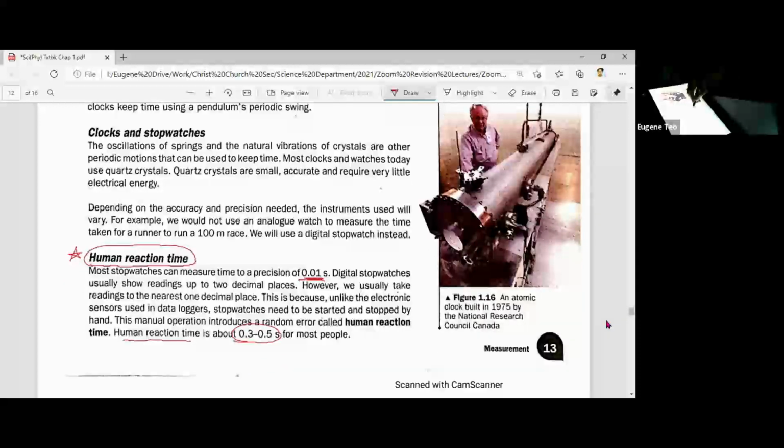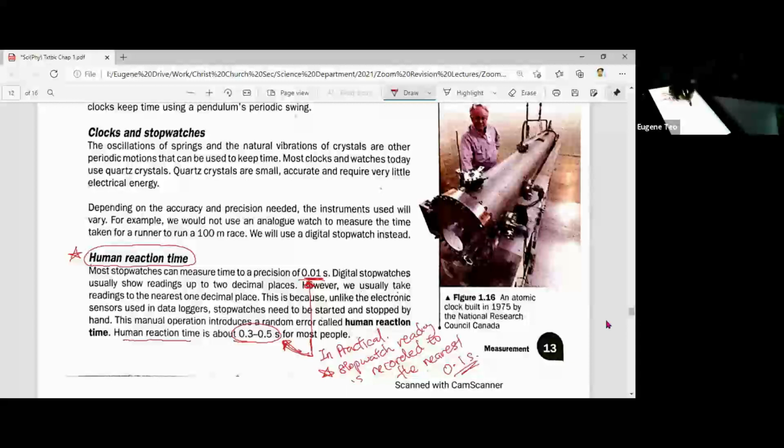So what is the implication of this? The implication is not so much for theory, but more for practical. So in your practical paper, do take note: stopwatch reading is recorded to the nearest 0.1 second.